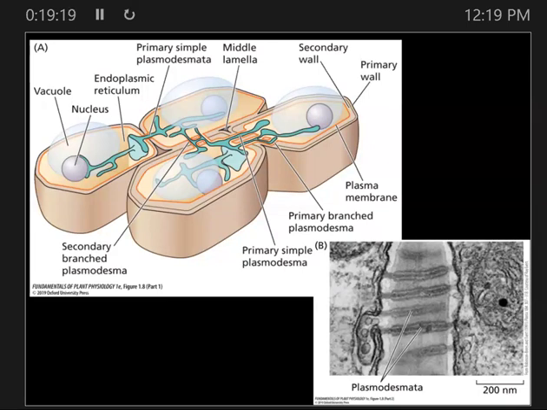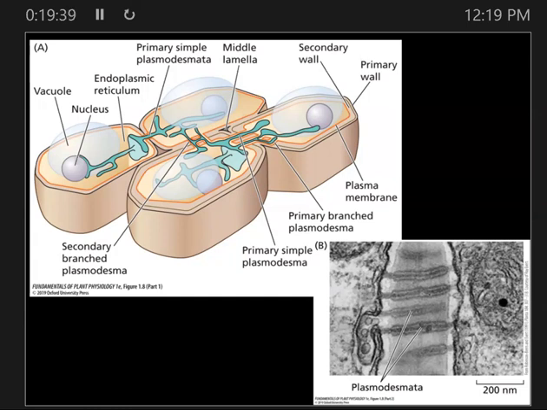And then they've drawn in some of this greenish stuff, which is part of the membrane material that actually flows and forms a membrane lined tunnel that leads from one cell into the next.